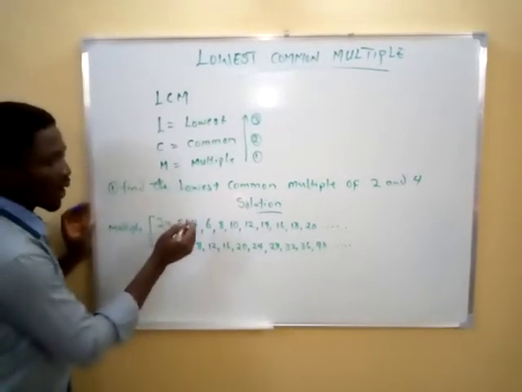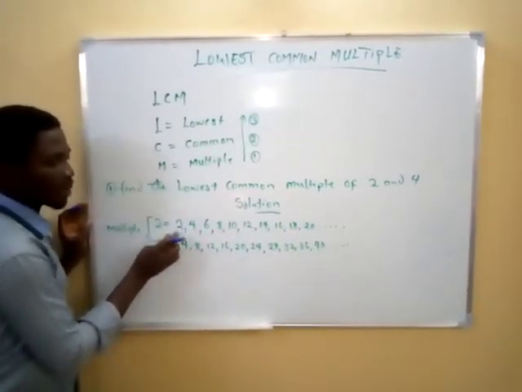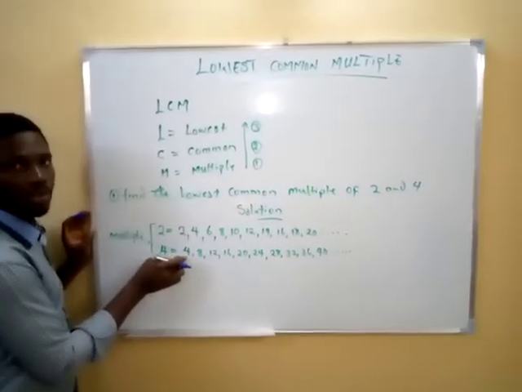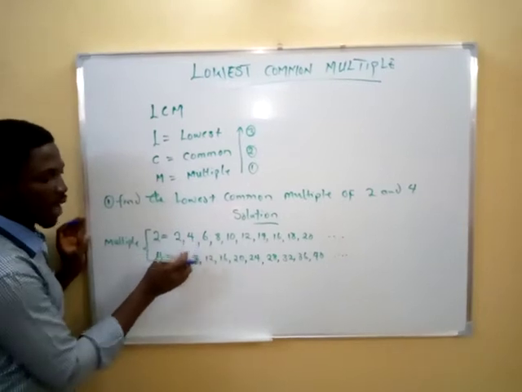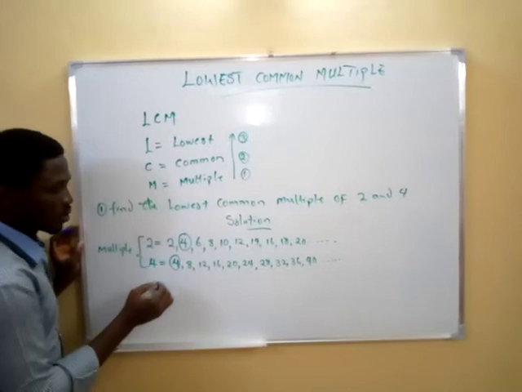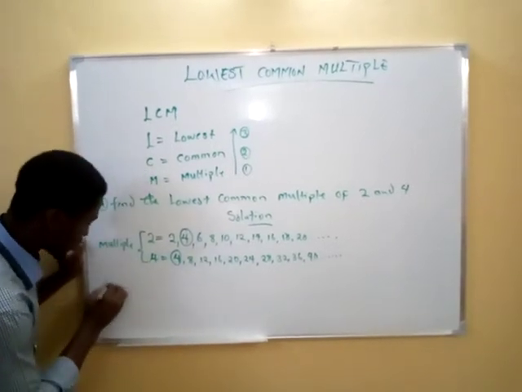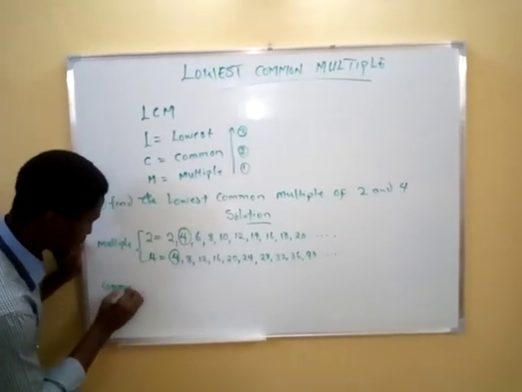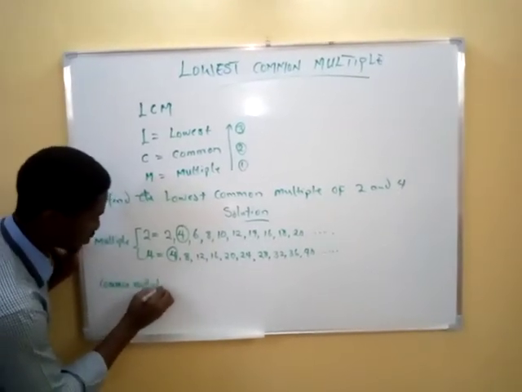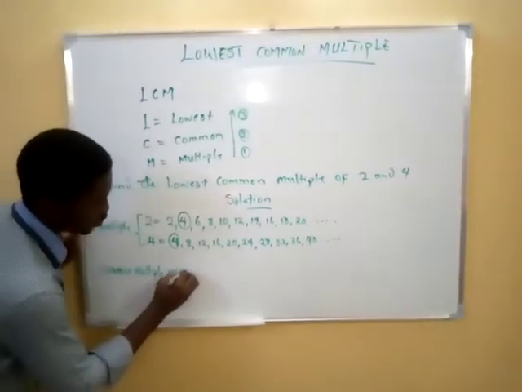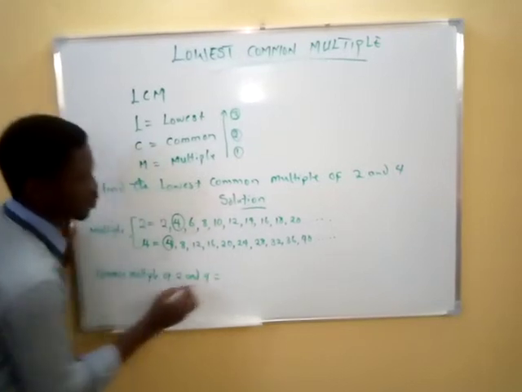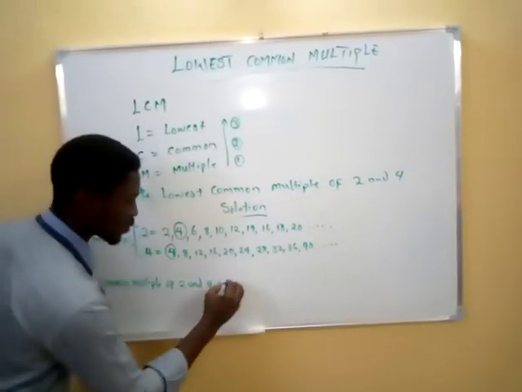For example, we can see 2 here, but we can't see 2 here, so 2 is not common for both multiples. We can see 4 here and we can see 4 here, so we circle 4 and then we circle 4. So, the common multiple of 2 and 4 is equal to, we've discovered 4, so we write 4 here.